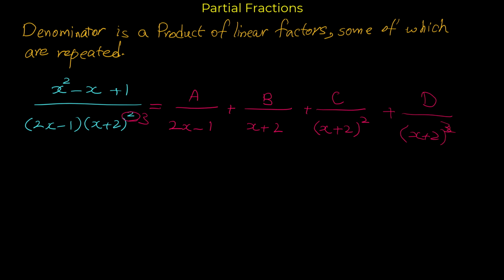So, depending on the power of the linear factor, we have to add more partial fractions. Here, in this particular example, we are not looking for finding the unknowns A, B, C. We don't want to find these coefficients. We just want to write the form of the partial fraction decomposition.